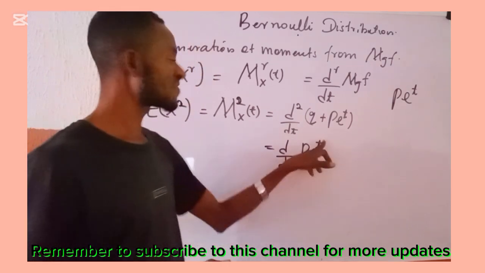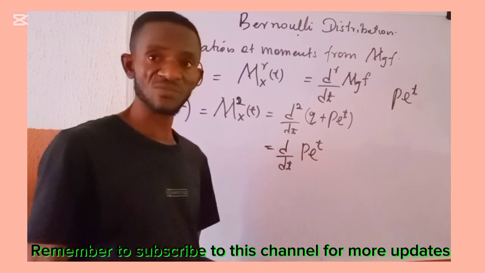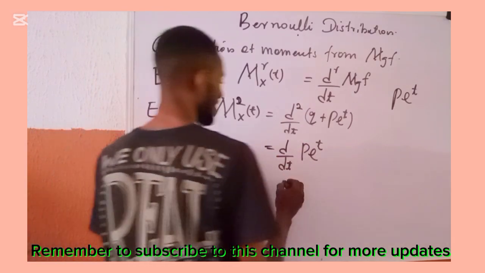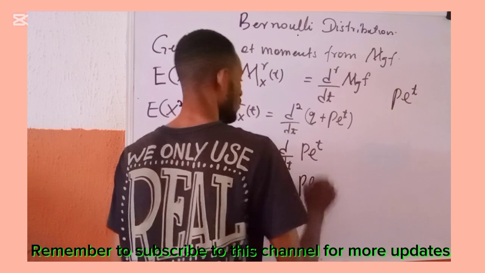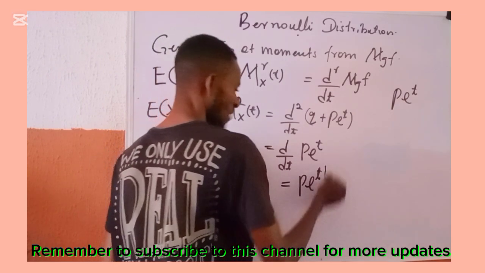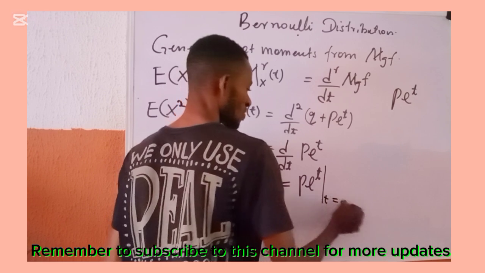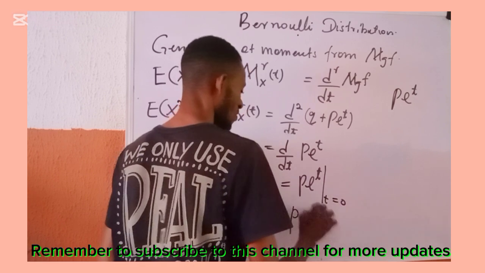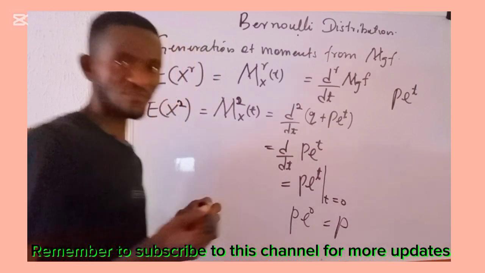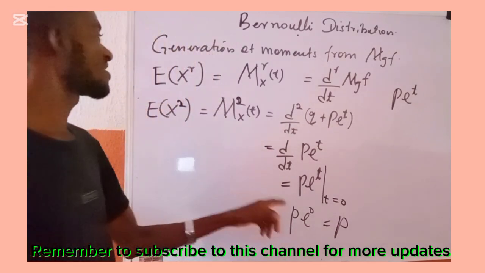Remember that the derivative of e raised to power t is still e raised to power t. So the derivative of this now is going to give you p e to the t. When I want to evaluate this thing here, I'll just put that t is equal to 0. Here becomes p of e raised to power 0, and then this will give you p.